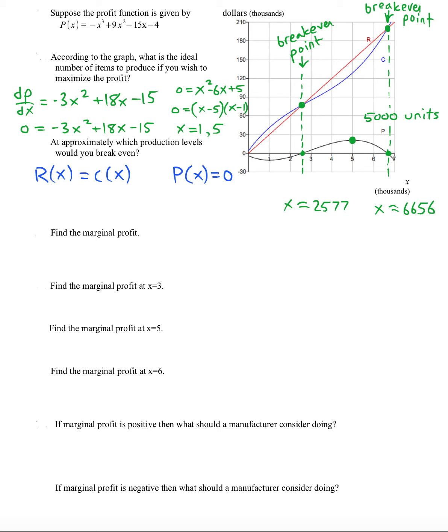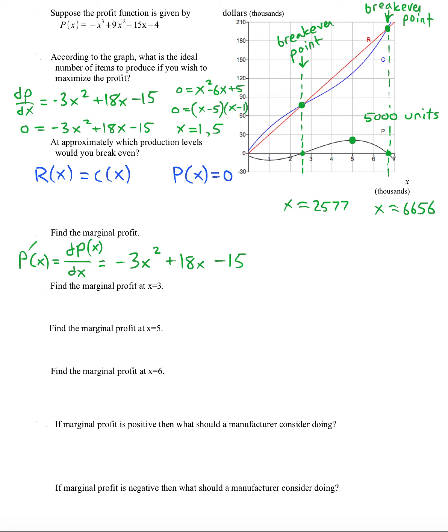All right, now we're asked to find the marginal profit. So for this, we actually already have it above. Marginal profit is the derivative with respect to number of units produced. And it's supposed to be the increase in profit for every additional unit that is made.